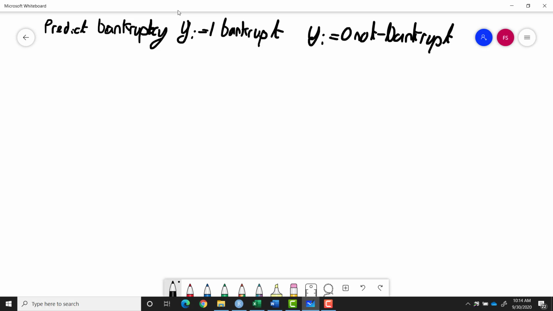So we have a lot of training data, we build a model, then we have some test data and we make predictions on the test data. So y hat i equals 1, we predicted bankrupt, and y hat i equals 0, we predict not bankrupt. These are just my predictions.